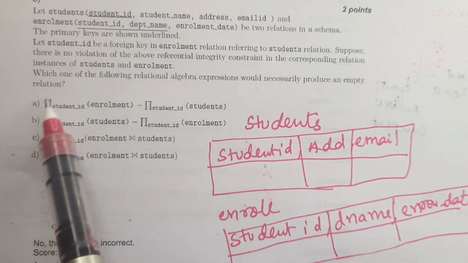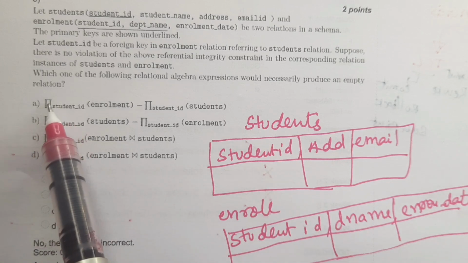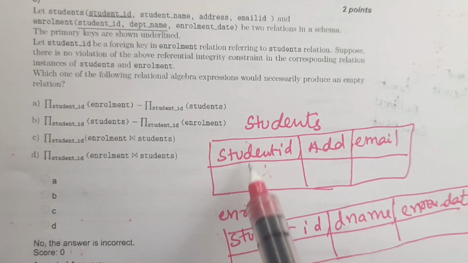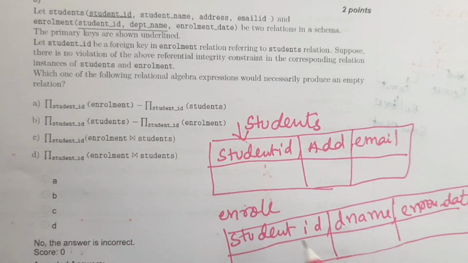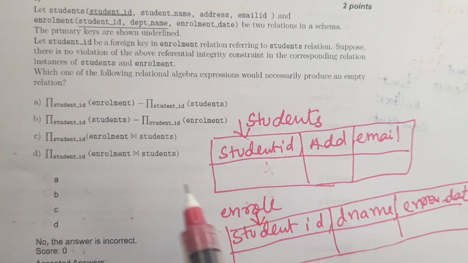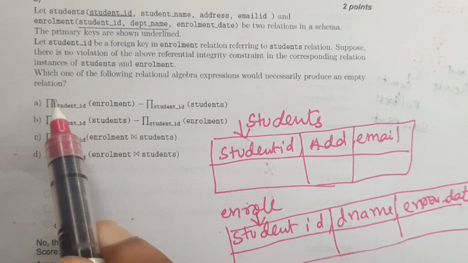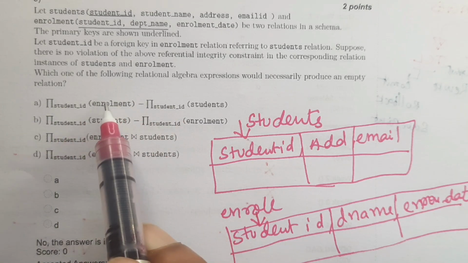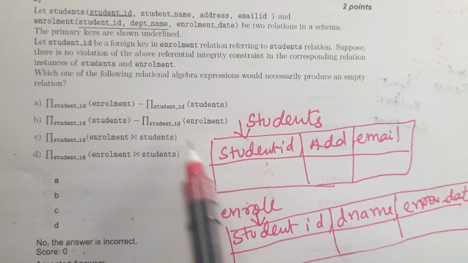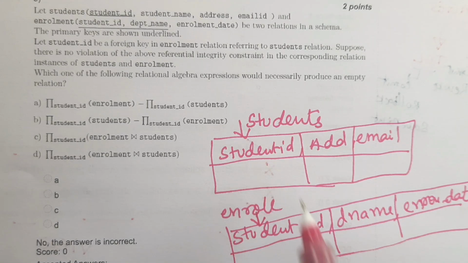If you select this pi, it will select the columns. So I am going to select the columns of this SID, and I am going to select the columns of this SID. Okay, so when we say columns of SID of enrollment minus columns of SID of student, whatever data we have here, in this also we are going to have the same data.